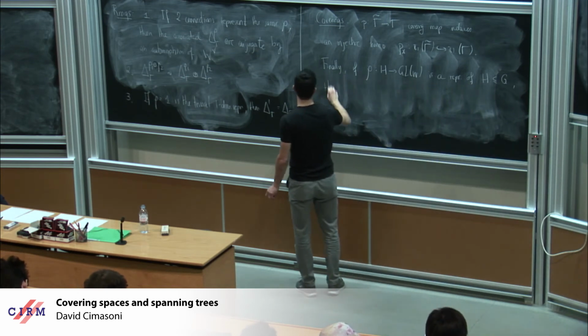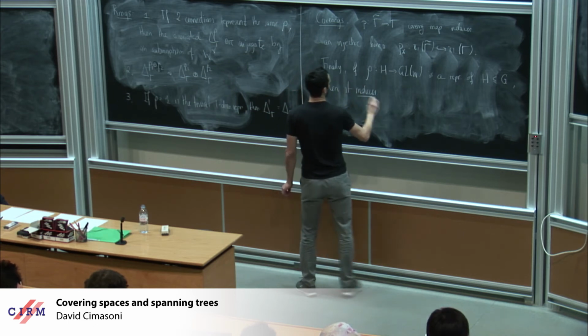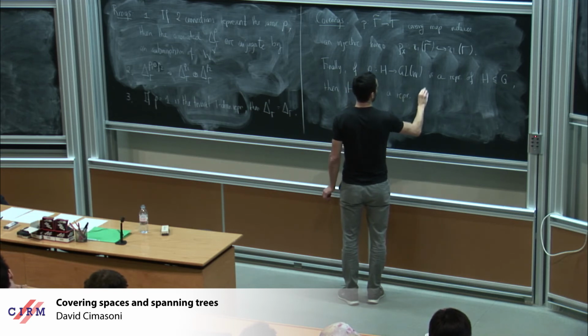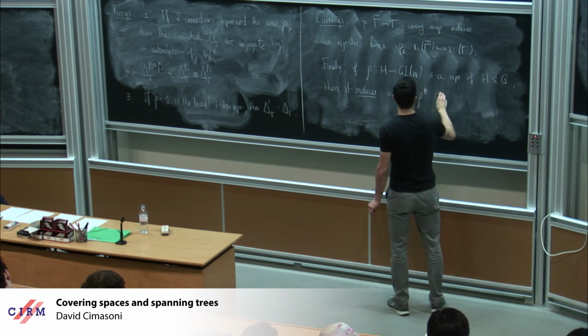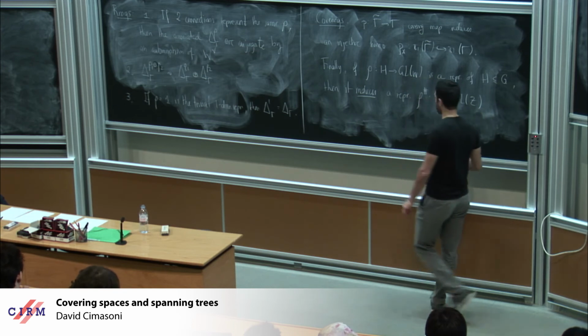Then it induces a representation usually denoted by rho sharp from G to GLZ.